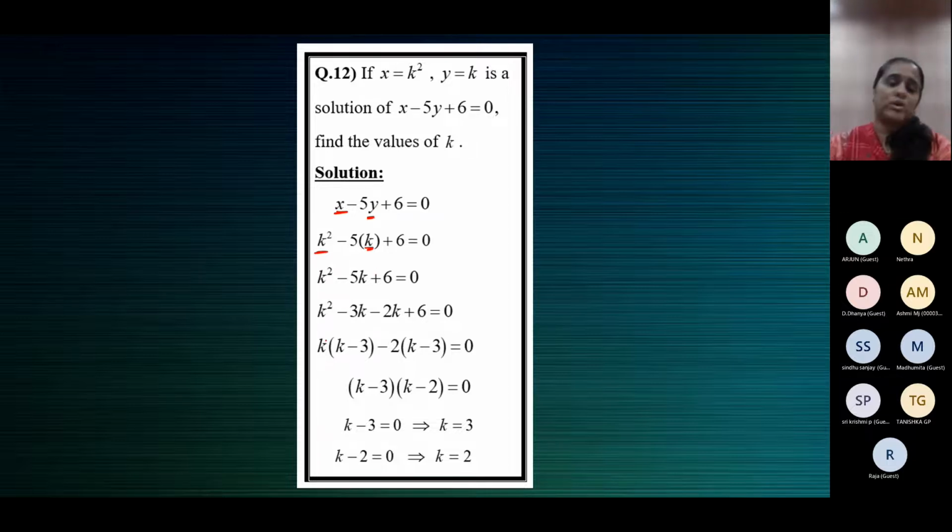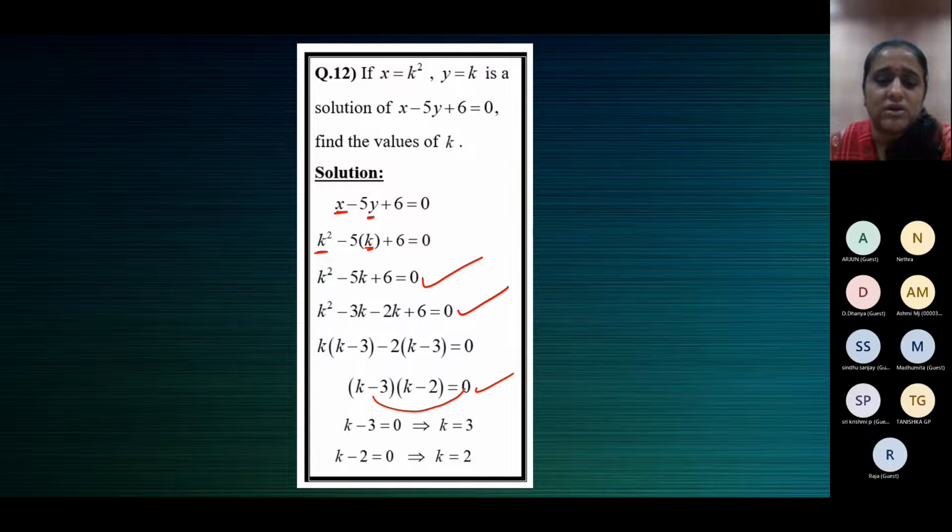So you get a quadratic equation: k square minus 5k plus 6 is equal to 0. Split the middle term, and you have k minus 3 into k minus 2 is equal to 0. And then you know what to do. If k minus 3 is equal to 0, on solving this, you get k is equal to 3.